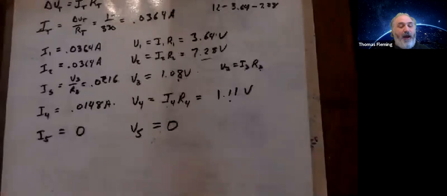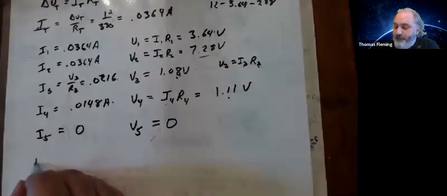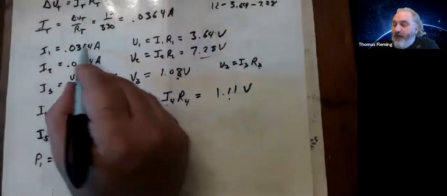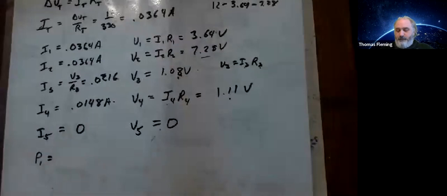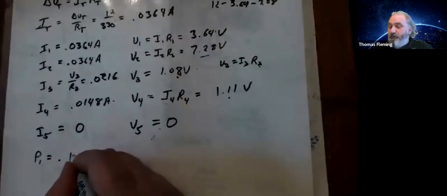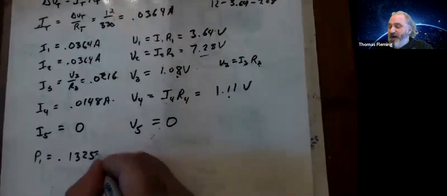And so if I wanted to know the power being delivered to each of my resistors, I could do any of my 3 power formulas, right? So how much power does this guy get? Well, I could do I times V. So I'll do this I times that V. So that guy, power 1, was 0.1325 watts.